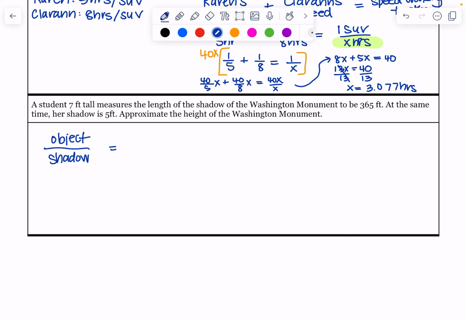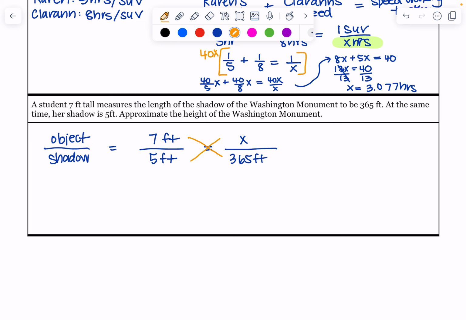For the student, the object is 7 feet over the student's shadow, 5 feet, equals, for the Washington Monument, we know the shadow is 365 feet. We do not know how tall the Washington Monument is. We're going to use this proportion to predict that.